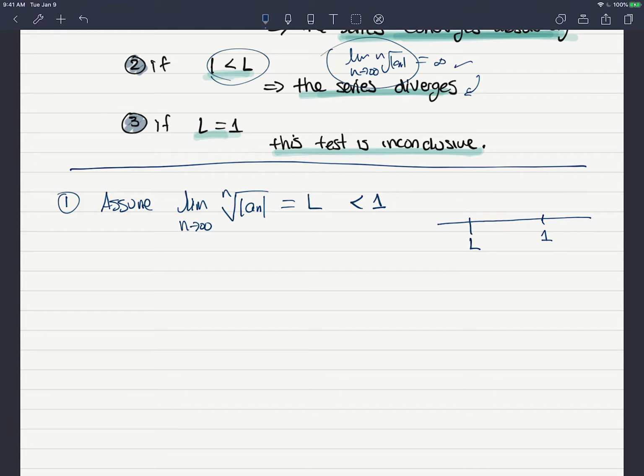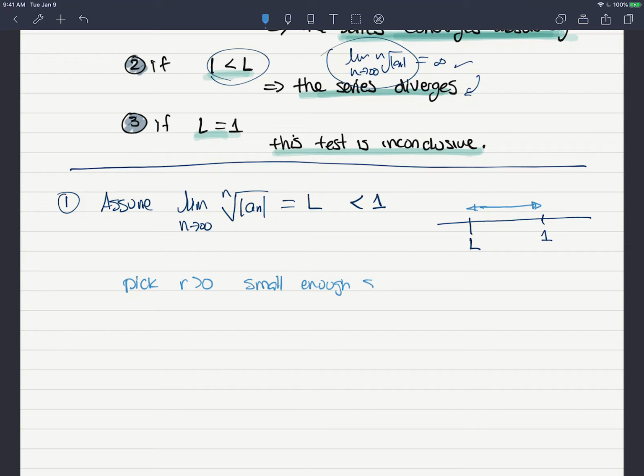So we said L is strictly less than 1. So we have this space between L and 1. So I'm going to choose a number R, positive.